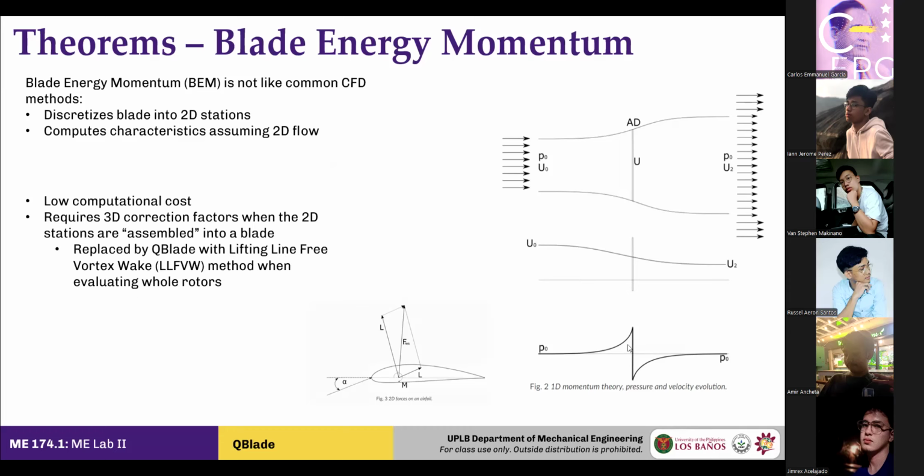Ngayon naman, si QBlade, they're trying to pivot away from BM, although I believe BM pa rin yung ginagamit nila for 2D airflow analysis. It's just when you assemble the pieces back together, I believe dun nagte-trigger yung bago niyang method for estimating fluid motion behavior. Pero yes, even in this level, kahit na nag-update na sila, magaan pa rin siya relatively compared to traditional CFD methods like K omega and K epsilon.